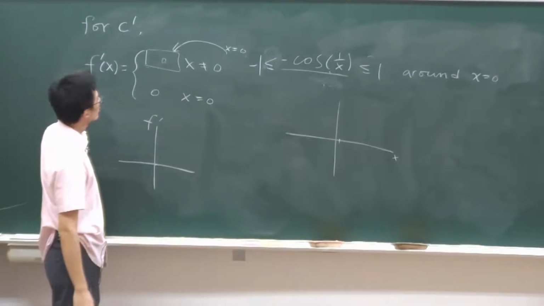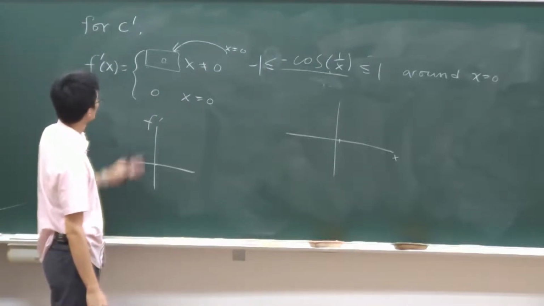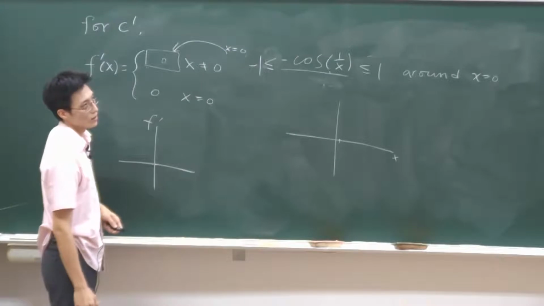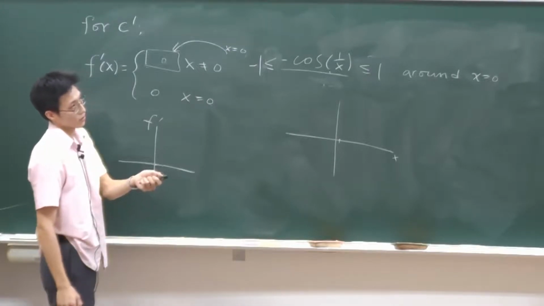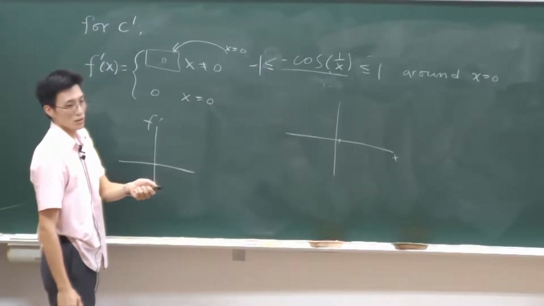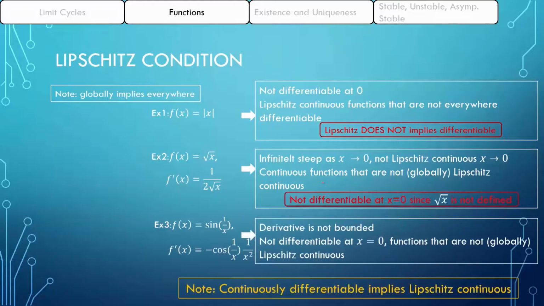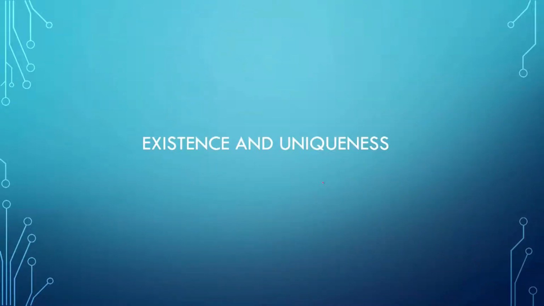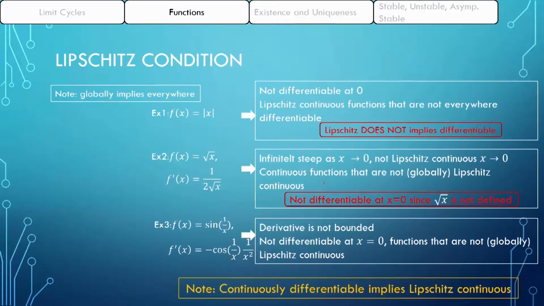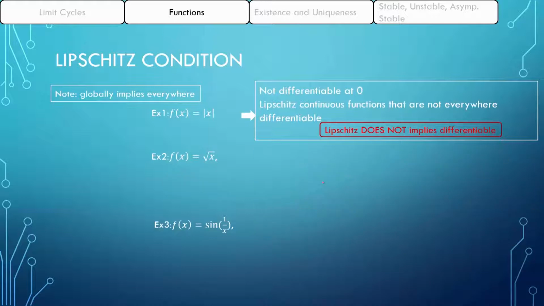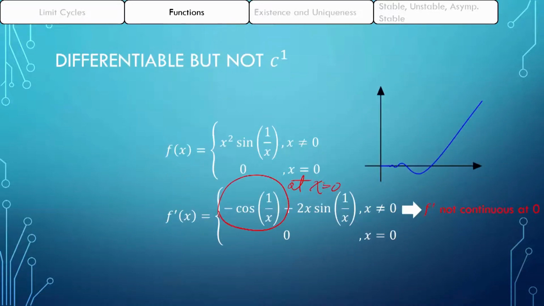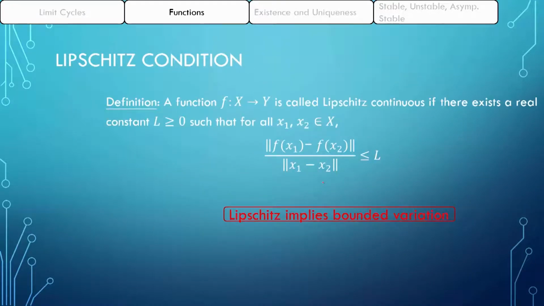Okay? Right? So it's not continually differentiable. Okay? So this function is differentiable, but not continually differentiable. Okay? So next is the Lipschitz condition. After this, we can go ahead to the existence and uniqueness. So this is also very important, Lipschitz conditions.